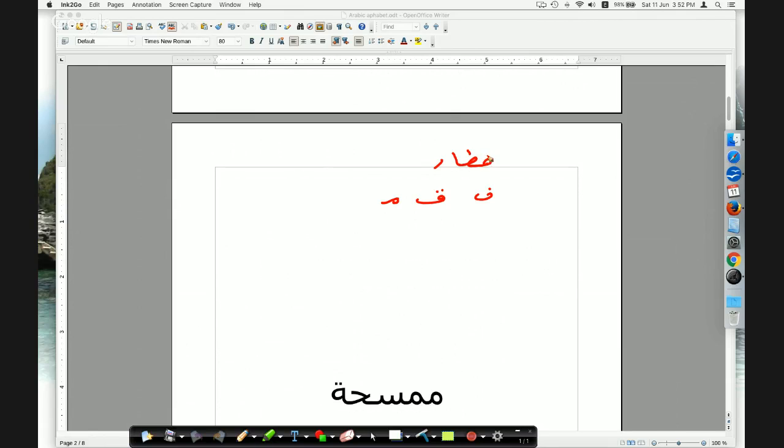If I add a dot, that is fitar. Fitar is breakfast. If I add two dots, that's qitar. That is a train. You see how the whole thing changed? From matar, which means airport, to fitar, which means breakfast, to qitar, which means train. So you see how the dot can make a big difference.